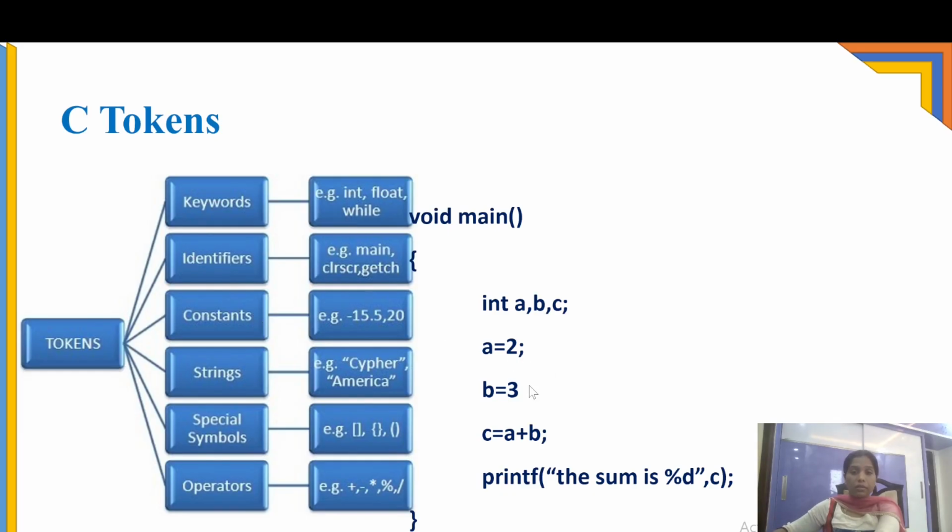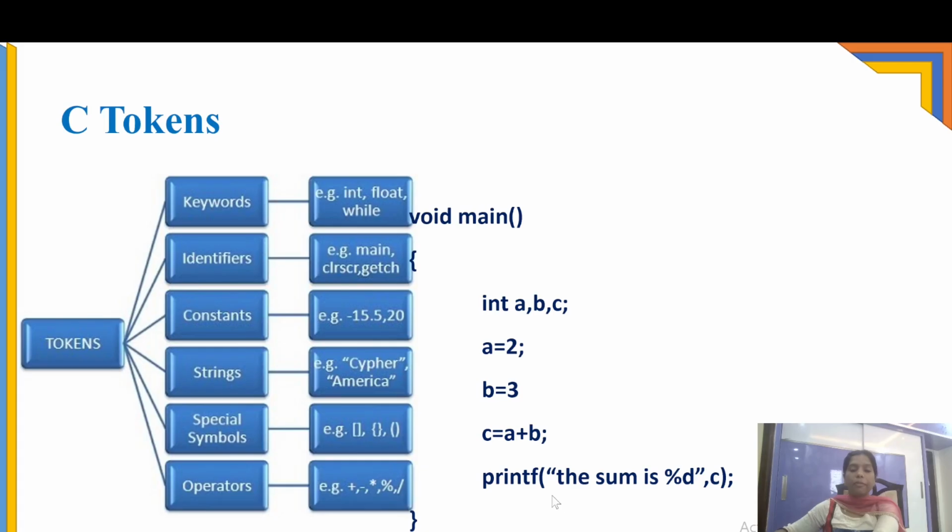Next, semicolon also comes under special symbols. Next, B is a variable name or identifier name, equals to is an operator. 3 is a constant. C, A, B are all identifiers, and equals to and plus are all operators.